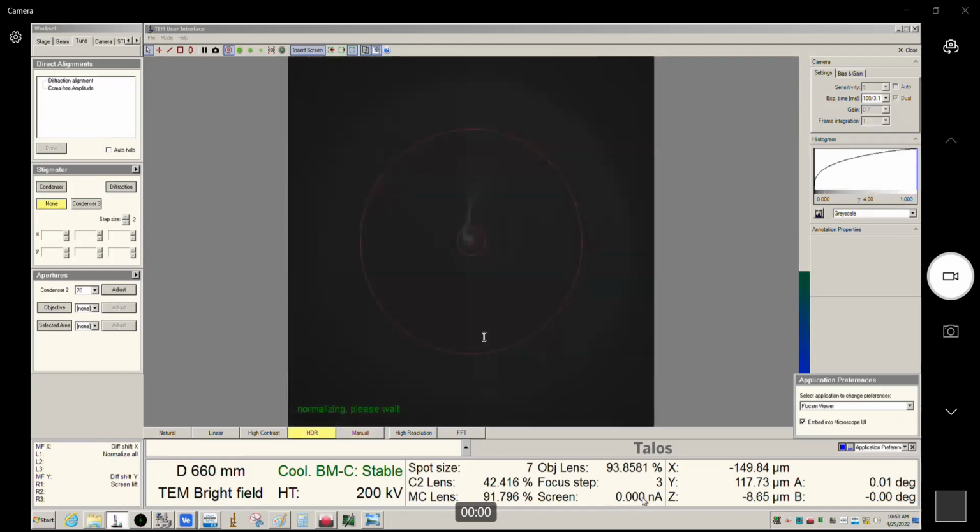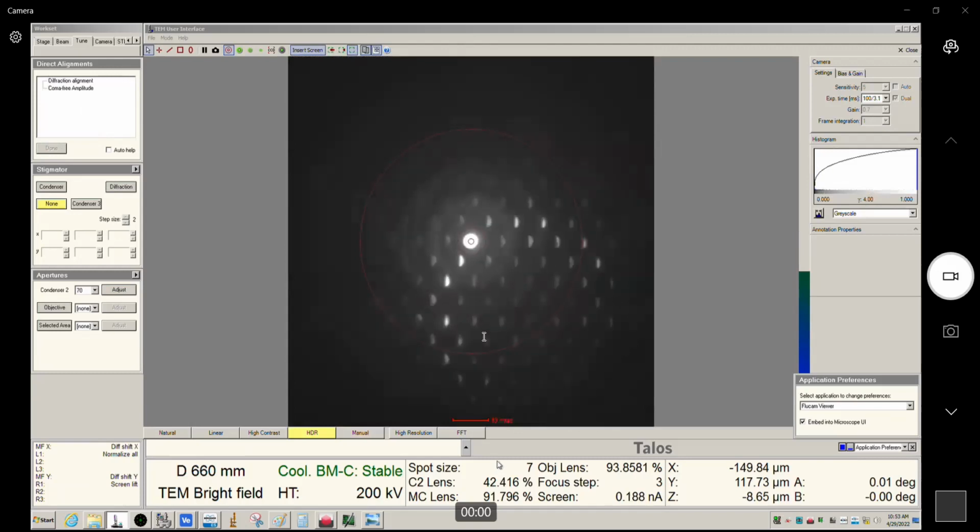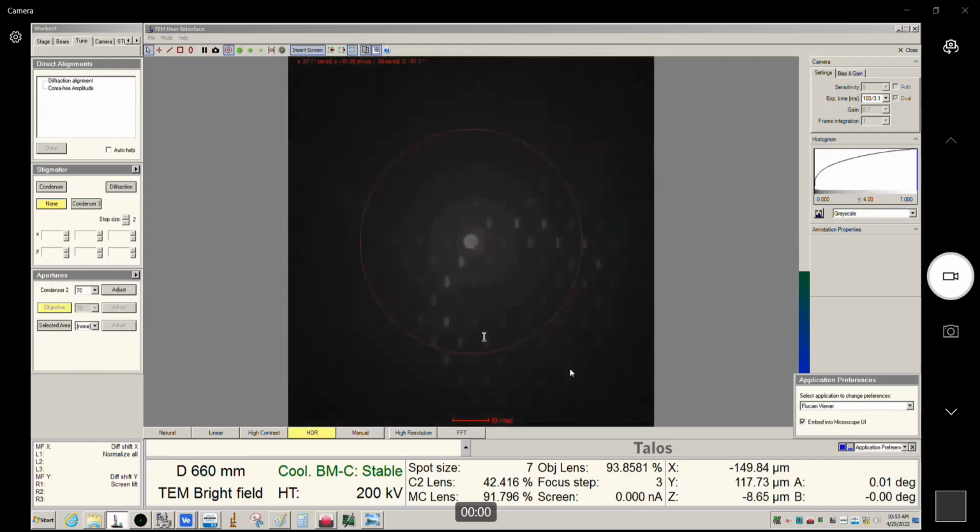Let me go put the objective aperture back in. All right, so you can see here it's pretty close, but it's not perfectly centered.